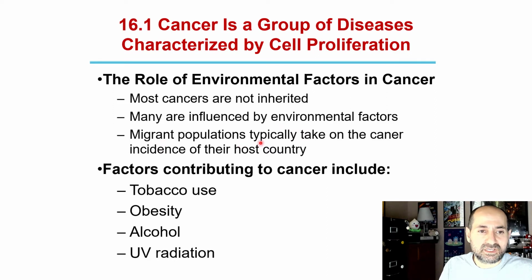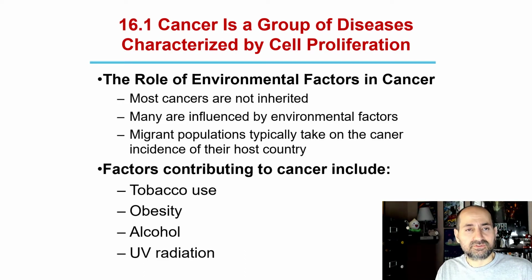Migrant populations typically take on the cancer incidence of their host country. So this is where they showed it's not a genetics thing or a population or species thing. It's an environment thing. Because if someone from one country travels to another country to live, they will adopt those cancer risks of the new country.